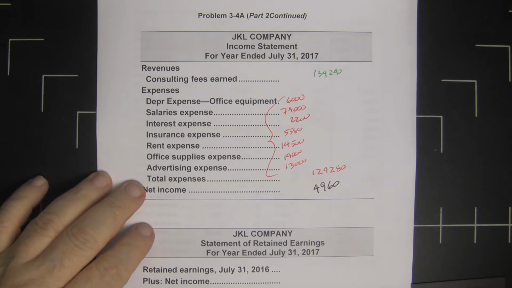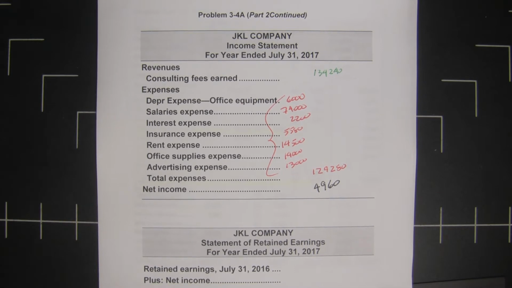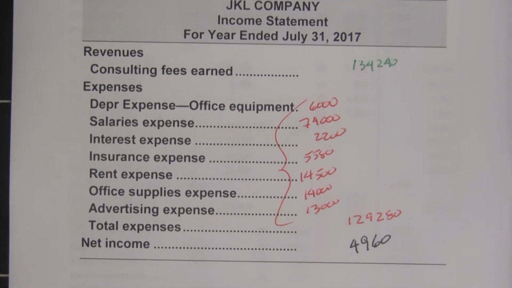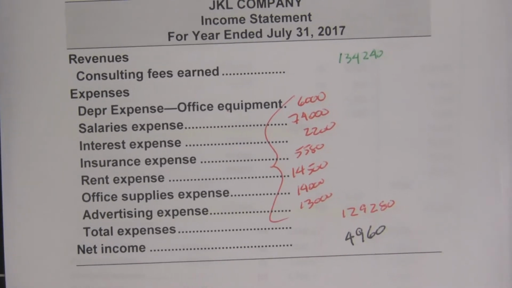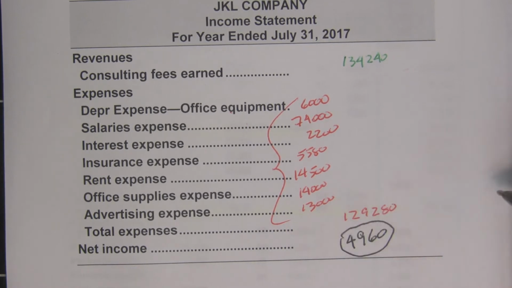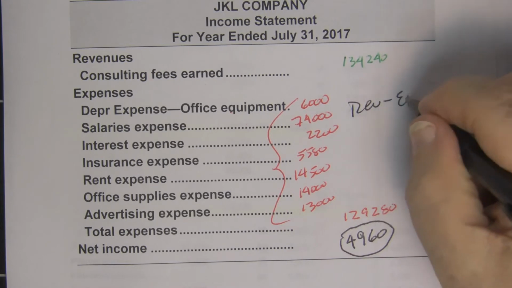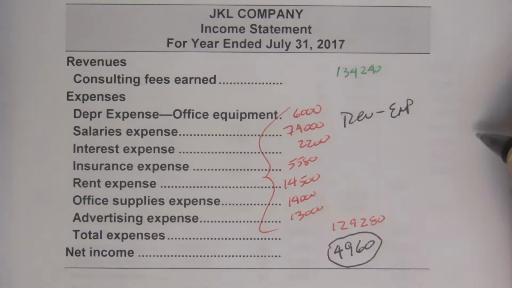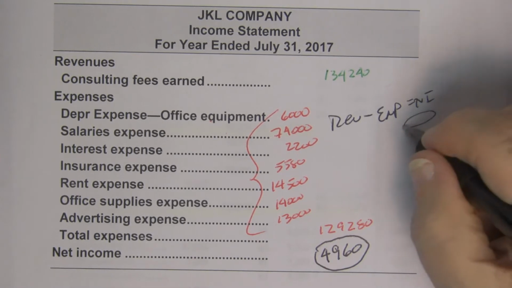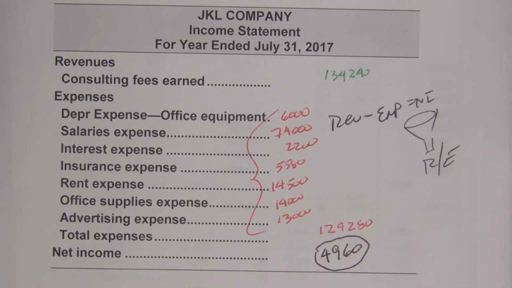Next, it asks us to do the statement of owner's equity. Well, we can do that. That's no big deal. The only number we now need from this is here, because remember, revenue minus expense is net income, and that goes through our funnel to retained earnings.